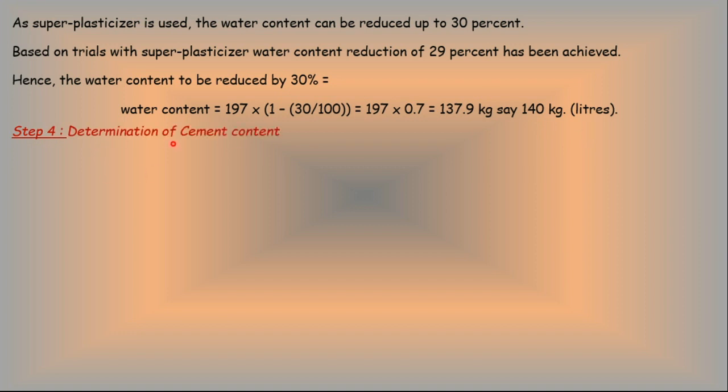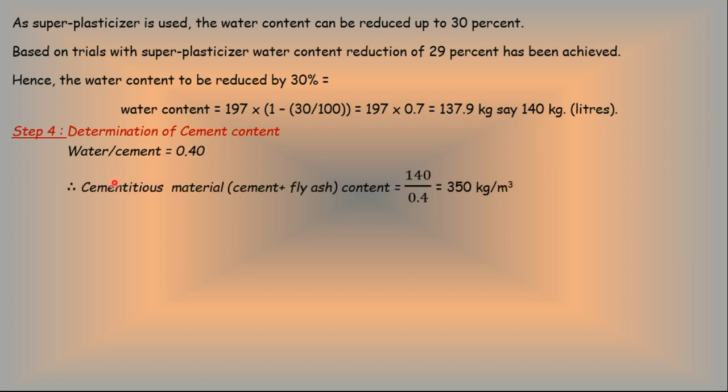Step 4. Determination of cement content. Water to cement ratio is equal to 0.40. Therefore, cementitious material, cement plus fly ash content, will become 140 divided by 0.4 equals 350 kg per meter cube.